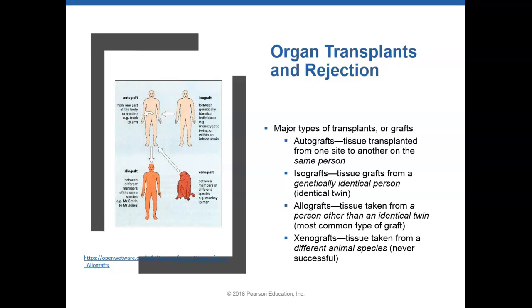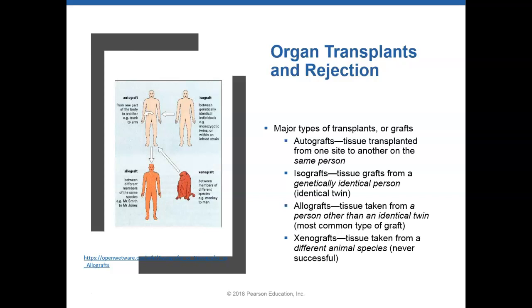So this is the most common type of graft when someone donates an organ. So when I die, I say I want to donate my kidneys. And so somebody who needs a kidney can then take one of my kidneys and survive. That would be an allograft.